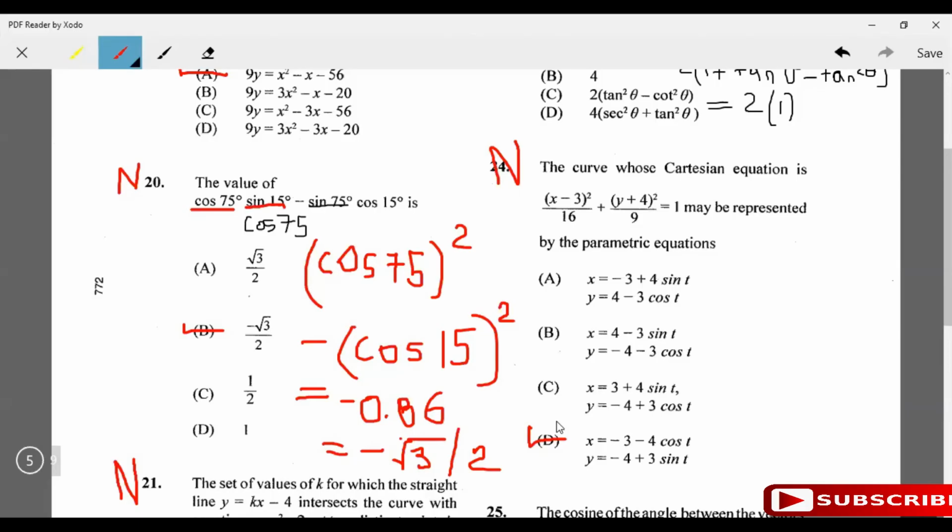So that's option D. So question 24, easy. So this question was easy. That's question 24. This was us testing our knowledge of rewriting 1 as sine squared plus cos squared, or writing 1 as cos squared plus sine squared.